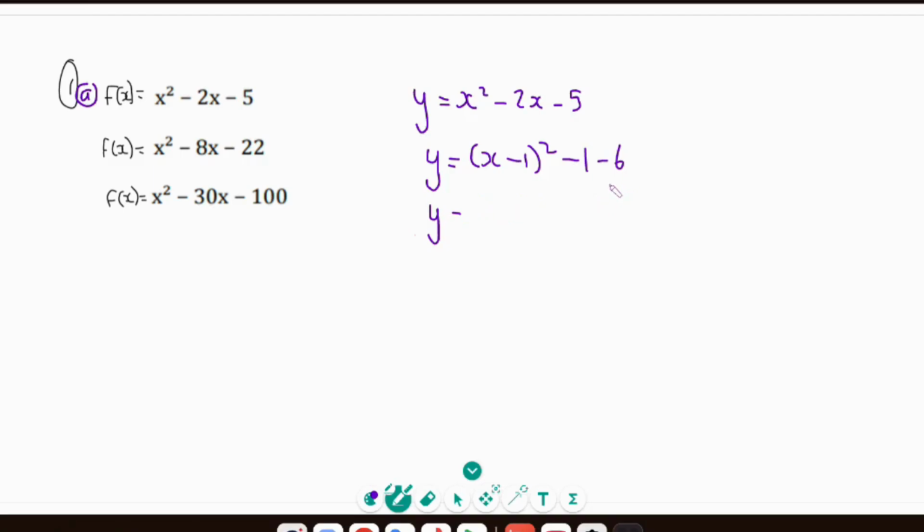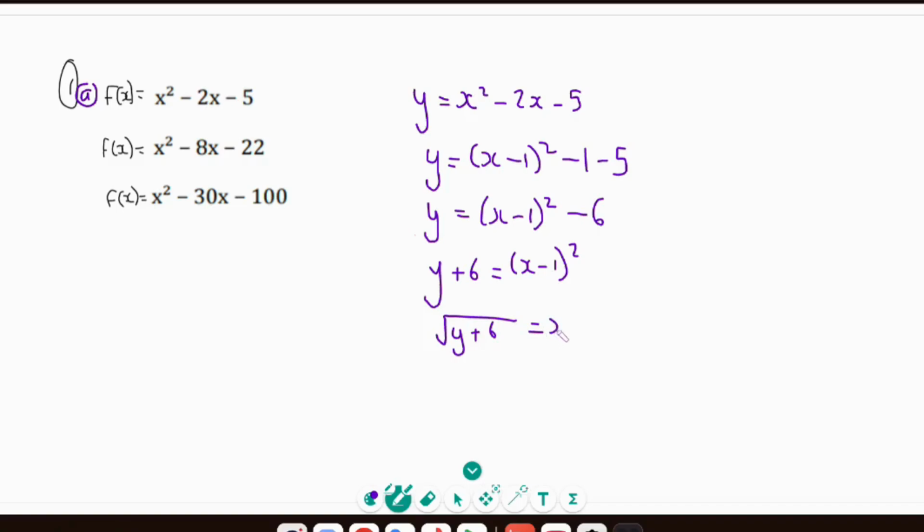Noticed a mistake. My brain, I think, just worked that out. The reason I'm taking off 1 is because negative 1 times negative 1 is positive 1. We do not need that. Right, add 6 to both sides. Square root both sides. Add 1 to both sides. And then let us write in function notation.